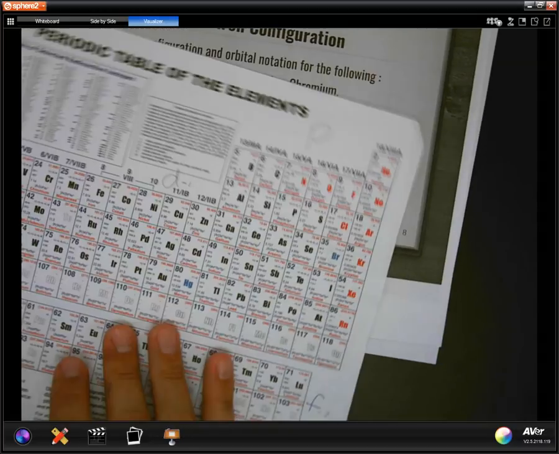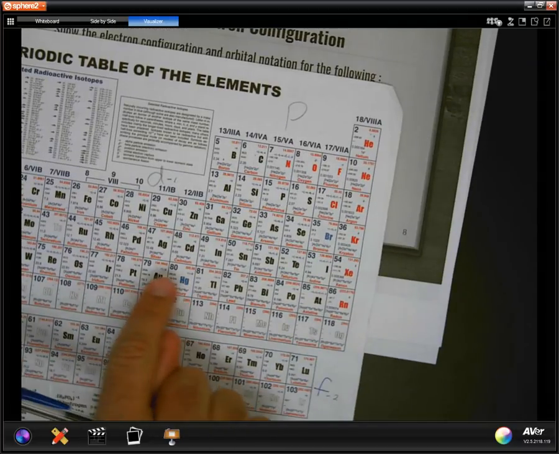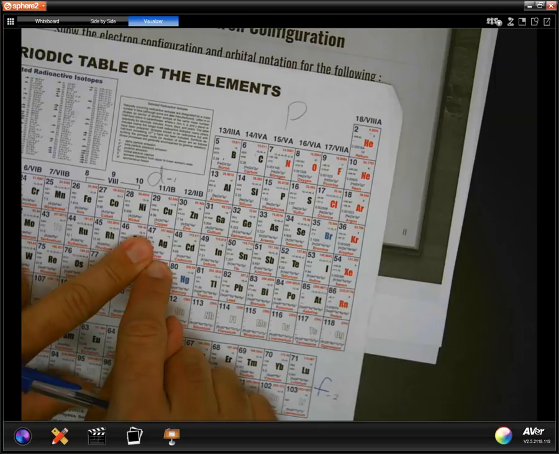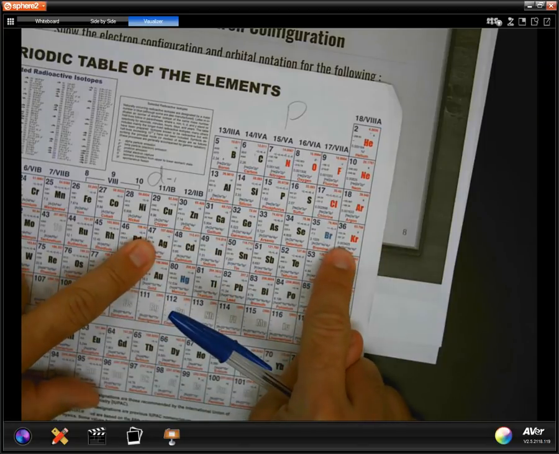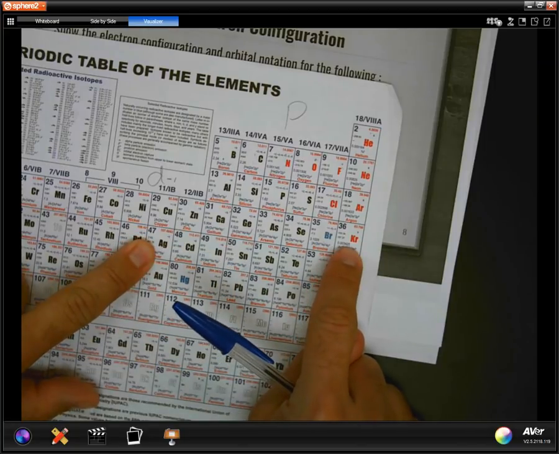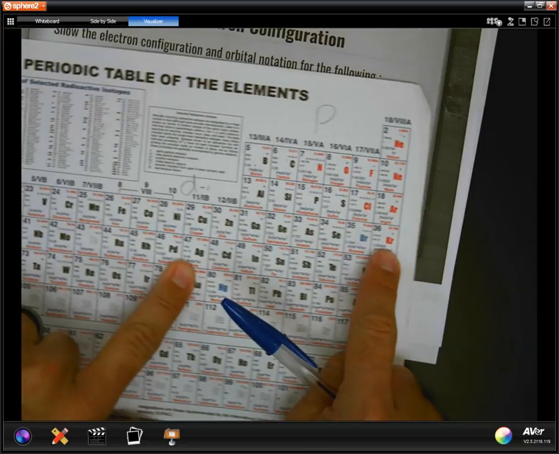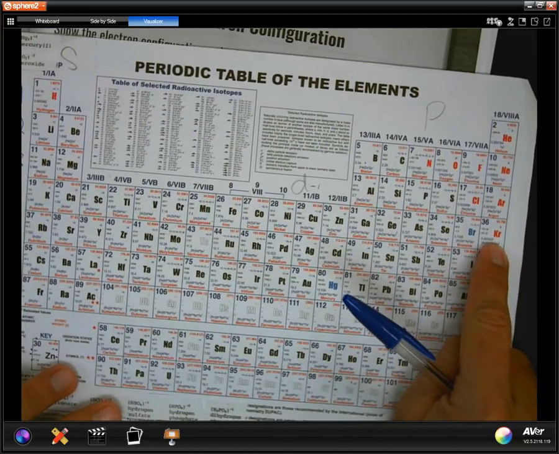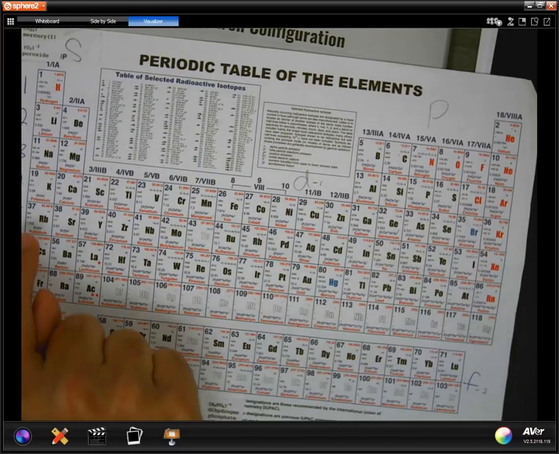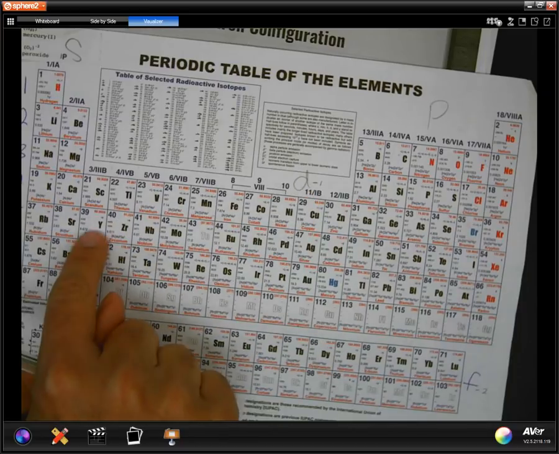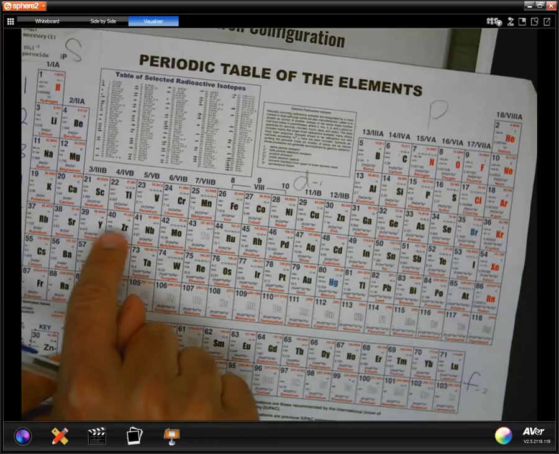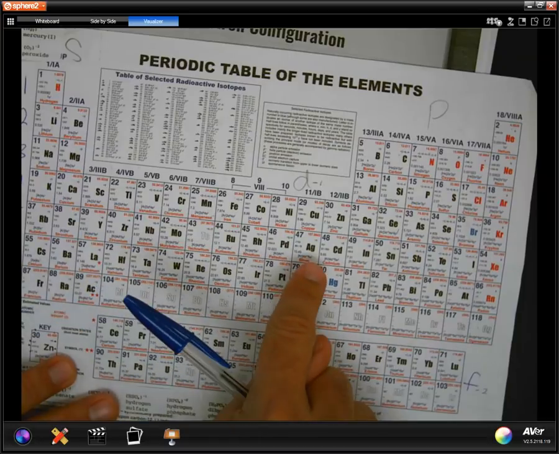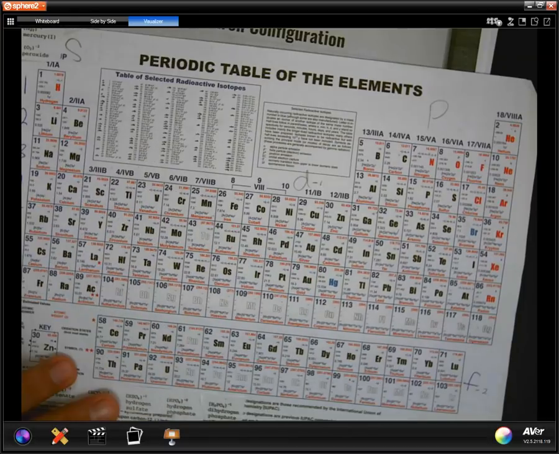If I want to write the noble gas notation for silver, I have to go to the previous noble gas. I just write that down in brackets, and then from there, I just pick up on my trends. So from krypton, we would go 5s2. Then we go into our 4d, because remember, d gets subtracted from 1. So instead of calling this 5d, we're going to call this 4d. And we go 1, 2, 3, 4, 5, 6, 7, 8, 9. And so again, that's why we were able to do that.